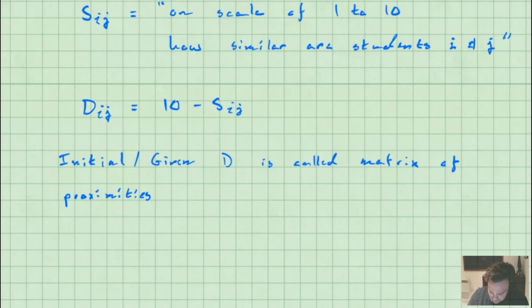What is this? Or some people call them dissimilarities, which is maybe the right way to call them in this case because I computed them from similarities.